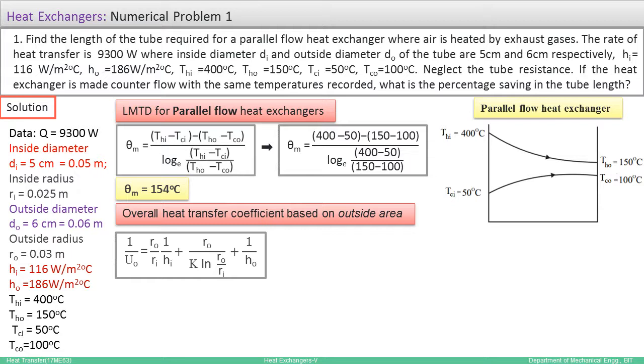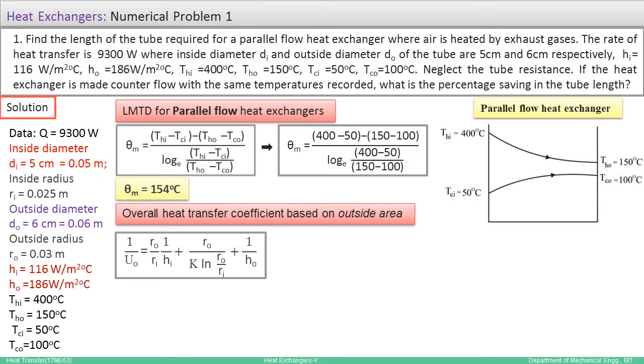Again, it is given in the problem to neglect the tube resistance. Even though the tube has some thickness, because the outer diameter is 6 centimeter and the inside diameter is 5 centimeter, when the thermal conductivity of that material is high, we can neglect the middle term in this, that is the resistance due to the pipe material or the tube material can be neglected.